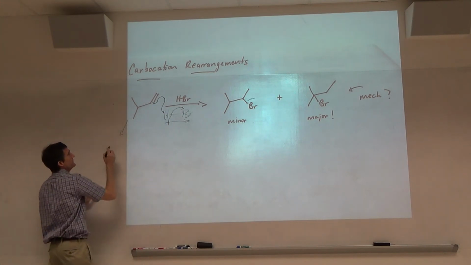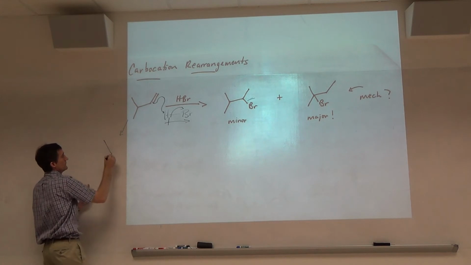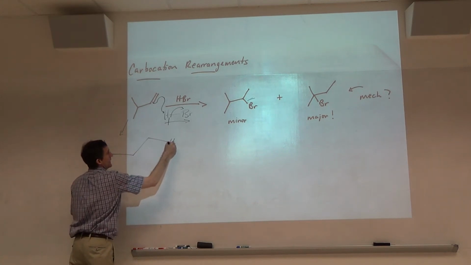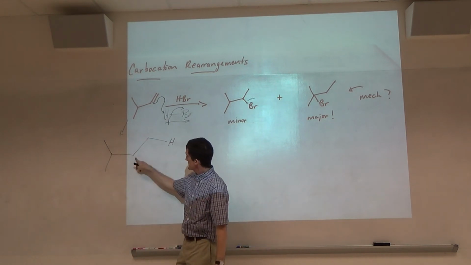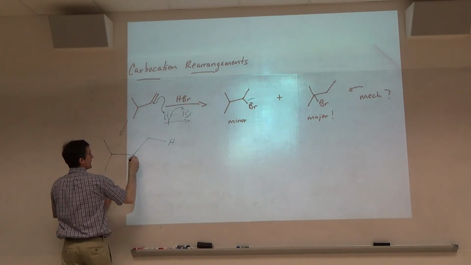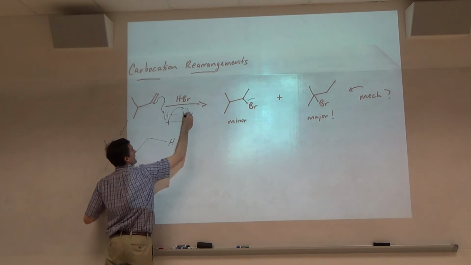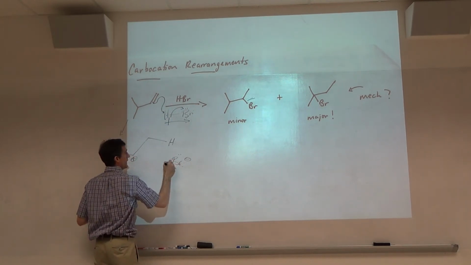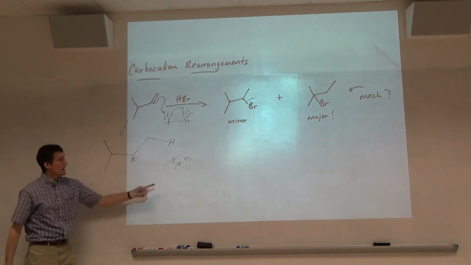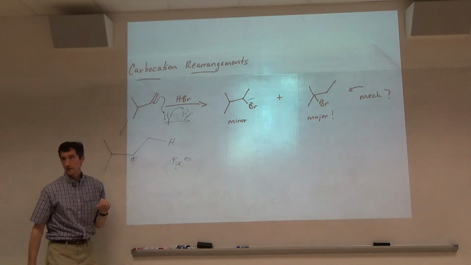What does that give? Okay. We made a bond to H, leaving this as what? Carbocation. That moved on to the Br, and so we got Br minus. This adds here, we get the minor product.